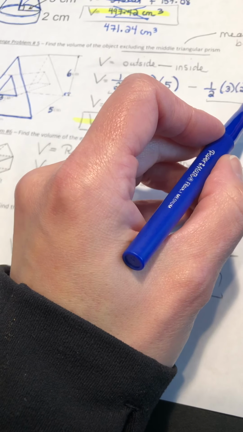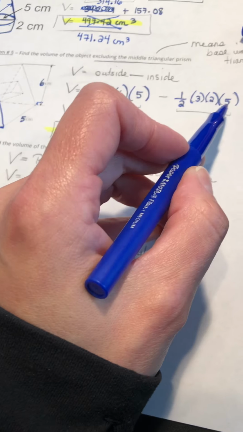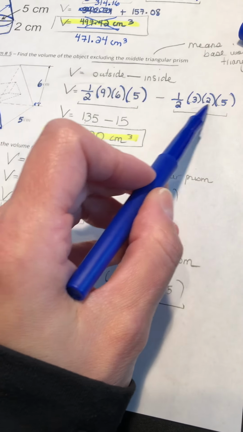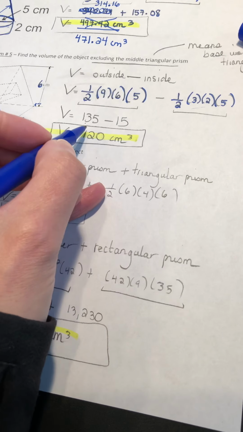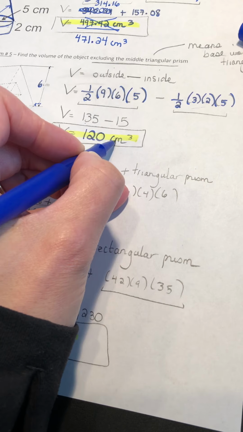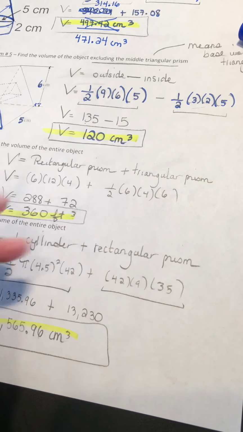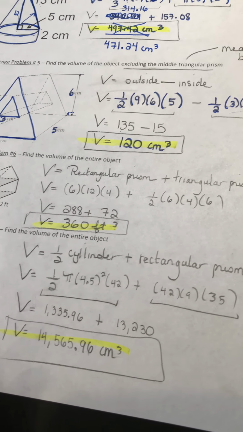But the height of the triangular prism is actually 5 centimeters tall. So this is going to be 15. 135 minus 15 is going to get me 120 centimeters cubed for the volume of the object excluding the triangular prism.